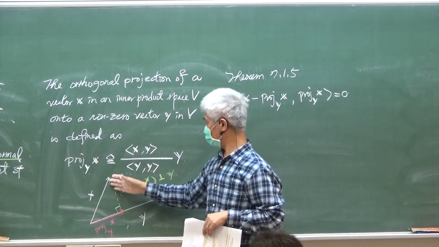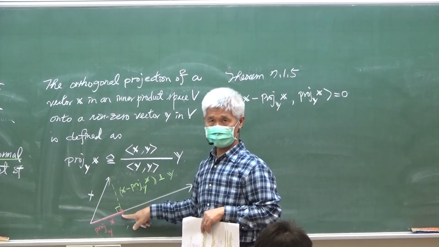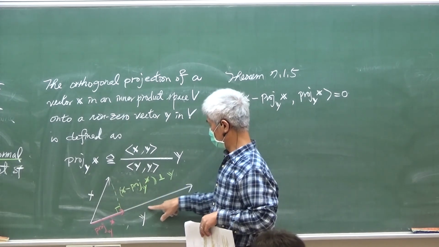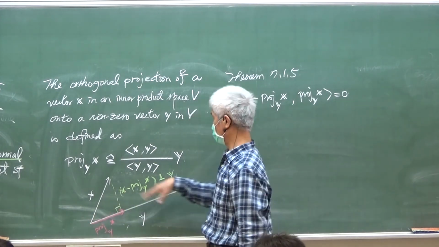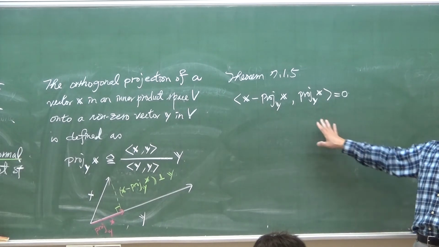Or you can say the difference vector is orthogonal to y. That's the same, because the projection is proportional to y, so they are in the same or opposite direction. Anyway, we have to prove that.